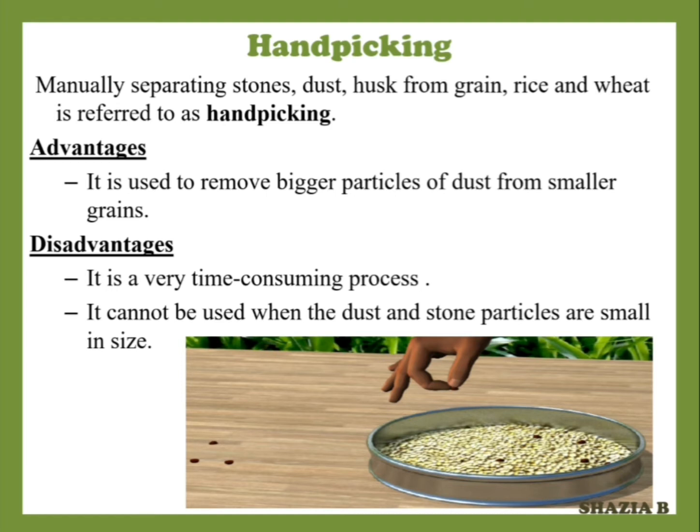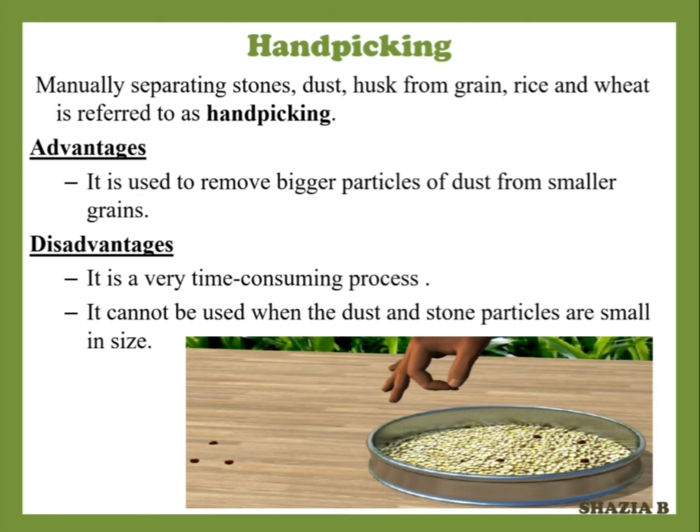Each of these particles should be picked up by you, so it is definitely time consuming and, not to mention, boring. But hand picking has its advantages, like as we can see, it is used to remove bigger particles of dust from smaller grains. Here the big particles can easily be separated by using our hand.